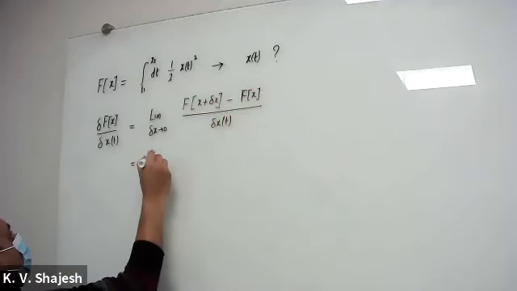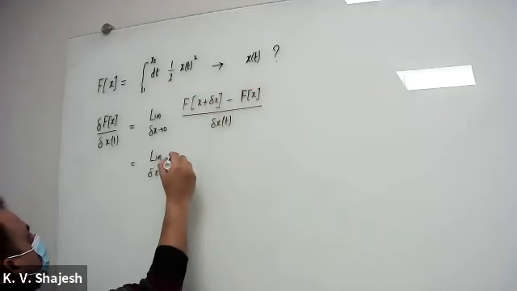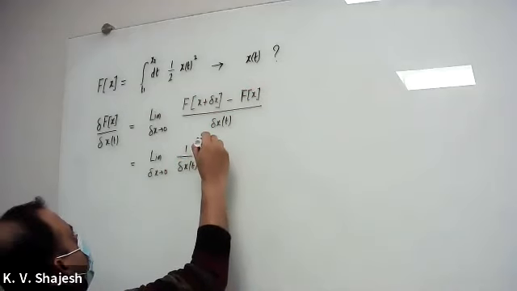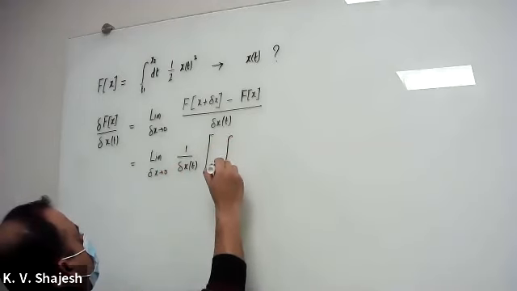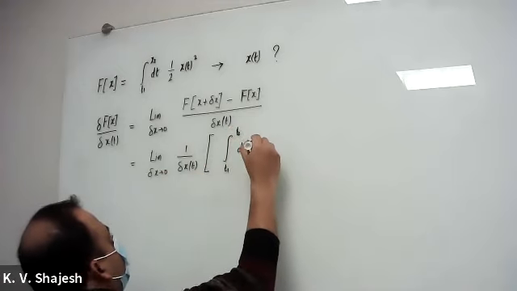That's equal to the limit as delta x tends to 0 of 1 over delta x evaluated at t, and then we have the function going from t1 to t2, half of.